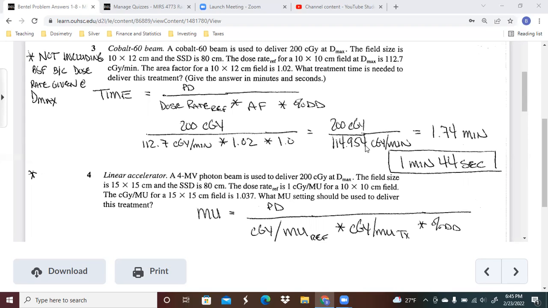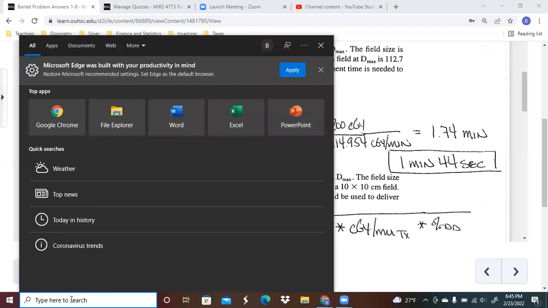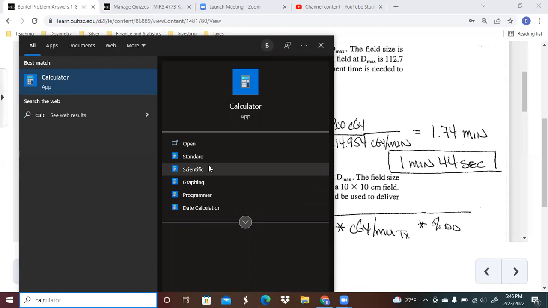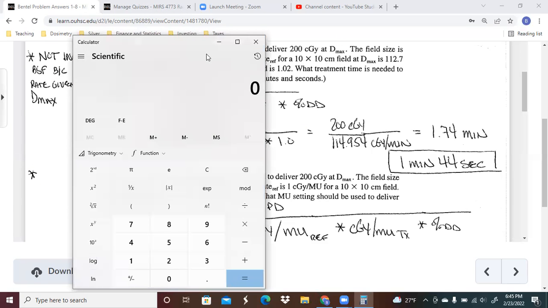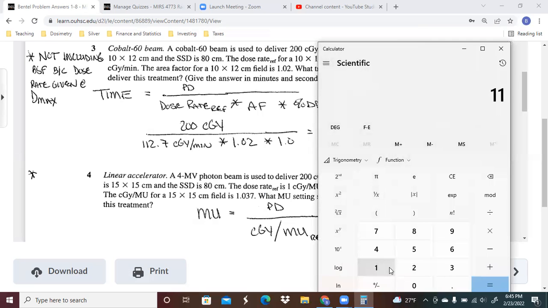So when you go through and you do the calculations here, you end up with, let me check that just to make sure that's the case. So let's see, if I take 112.7, tell you what, let me run the calculator here so you guys can see what I'm doing. So according to this, 112.7 multiplied by 1.02 should be 114.954, which is in fact what we have.